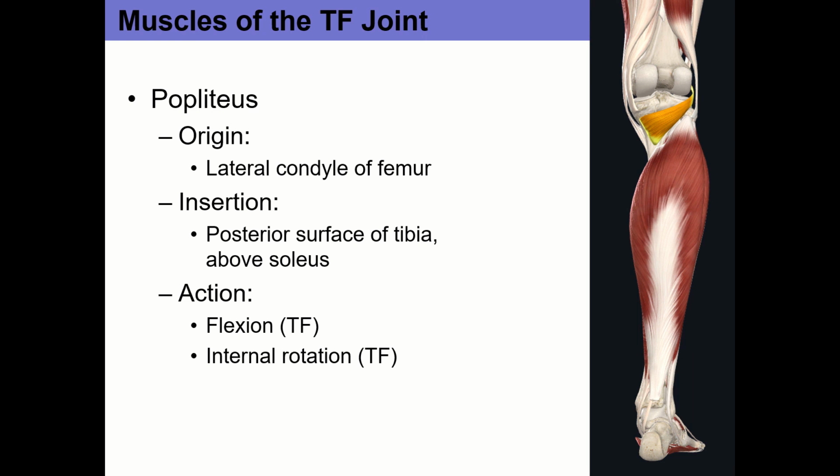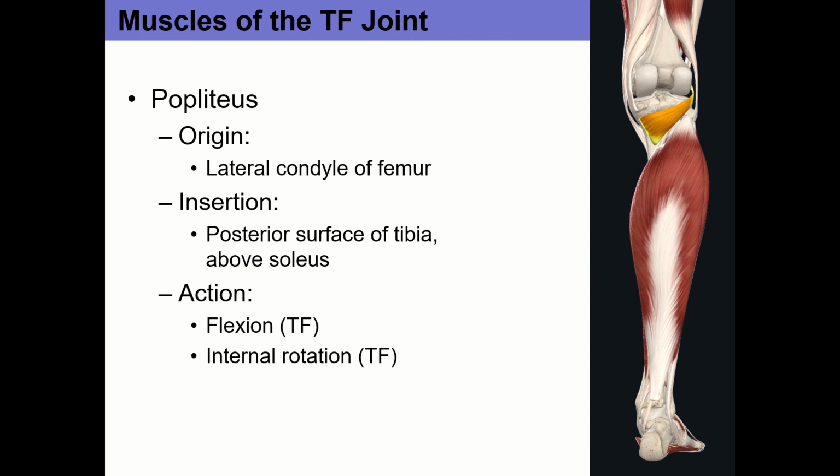We didn't get into the arthrokinematics of the knee much, but to reach terminal knee extension, which means to fully straighten your leg, that last, give or take 20 degrees of knee extension, you actually have to get a little bit of external rotation of the knee, and the ACL actually guides that. And so in order to flex your knee, the first thing you do is actually internally rotate it. So that unlocks the knee. And so Popliteus' job is to do that initial internal rotation to unlock your knee. So it's primarily an internal rotator, but it is also a flexor.